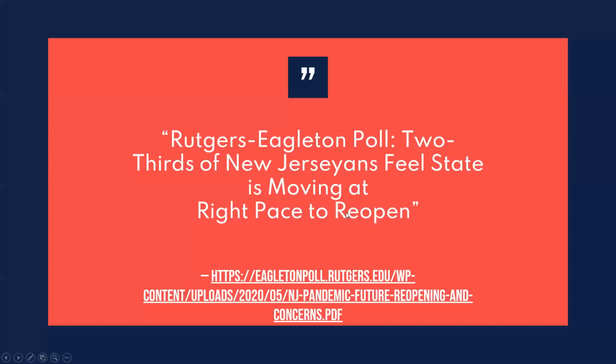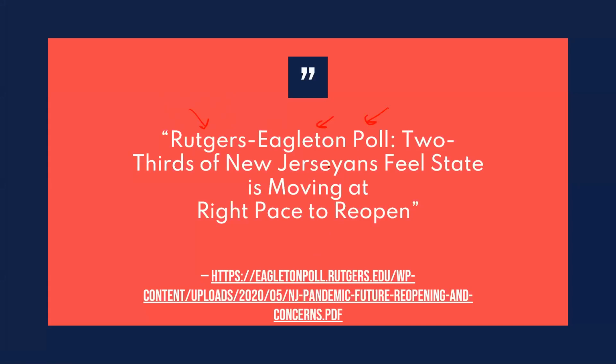So here's an example. I'll talk about my wife and my family a little bit in this class because, I don't know, why not? My wife works at this place called the Rutgers Eagleton Poll. My wife's actually a survey researcher, a pollster. And she put out a poll recently about the pandemic. And it said something like 2/3 of New Jerseyans feel the state is moving at the right pace to reopen. So let me ask you this. Do you think my wife called every single New Jerseyan to get this poll?